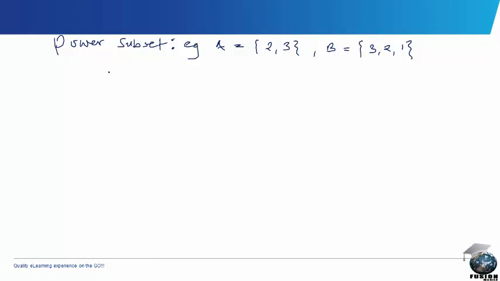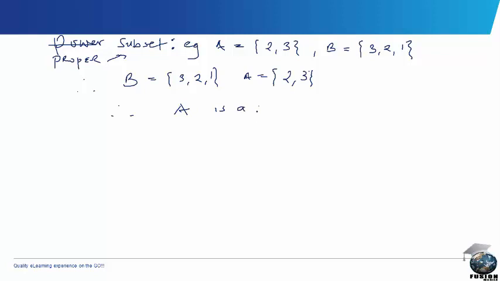We can say that set B is a superset of A, and hence A is a proper subset of B. So therefore we can say that B, which is made up of 3, 2, 1, just like above, and A made up of 2 and 3, A is a proper subset of B.